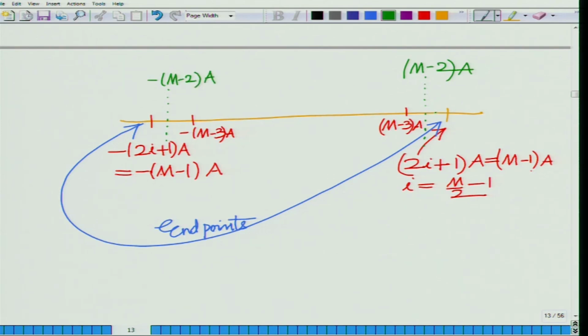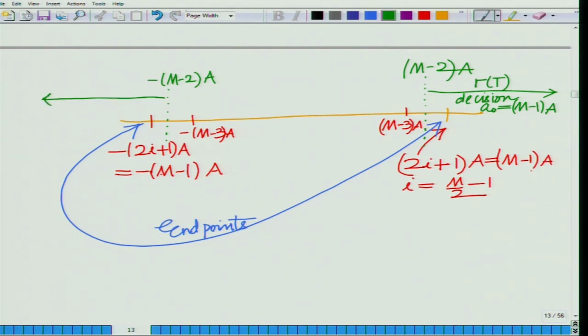Remember, there is no point to the right of this end point. So, if RT lies anywhere in this region, then the decision is A naught is equal to m minus 1 a.